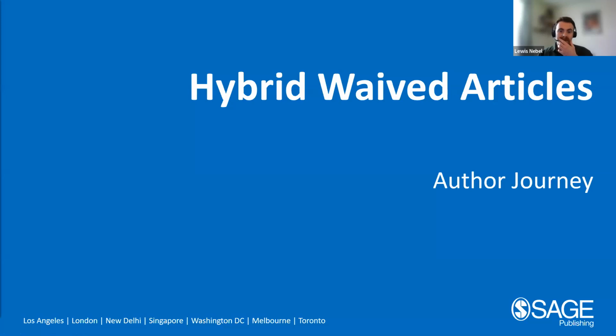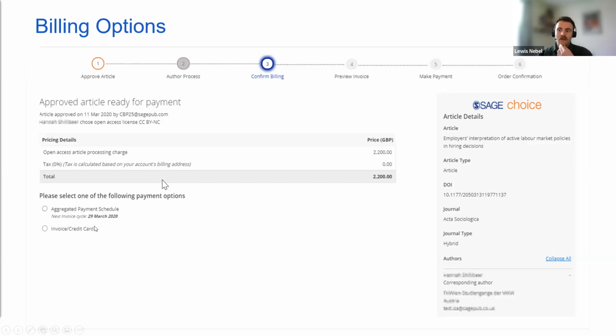And so, yeah, they will then follow the same steps that I showed before that the author would have to go through. So making that payment, they'll have a chance to preview the invoice, make the payment, and then it will show the order confirmation.